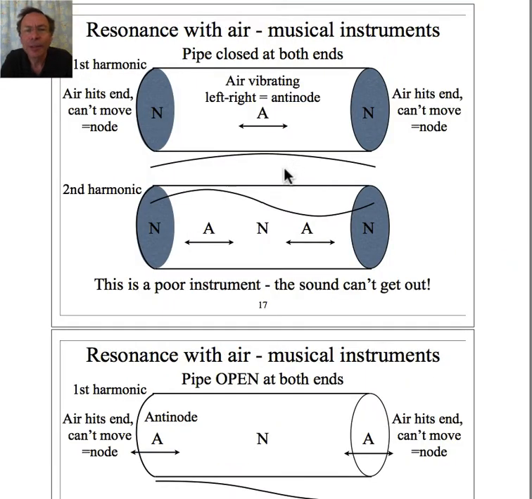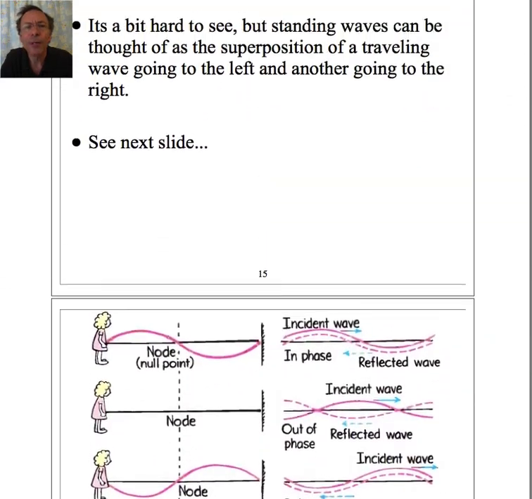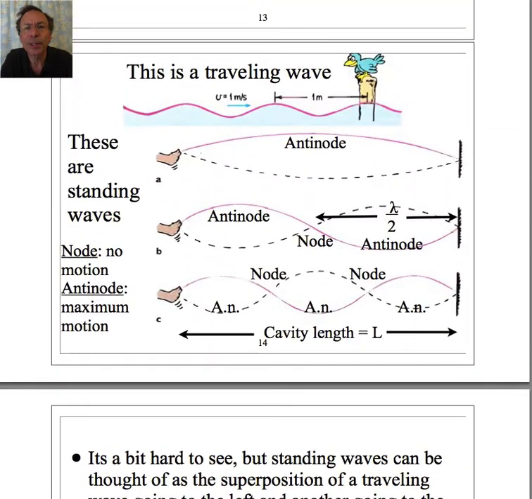The next thing I want to discuss briefly is resonance with air. Musical instruments based on air, like flutes, trumpets. What we've discussed so far has been resonance in strings, which works for explaining the sound, let's say, of violins.